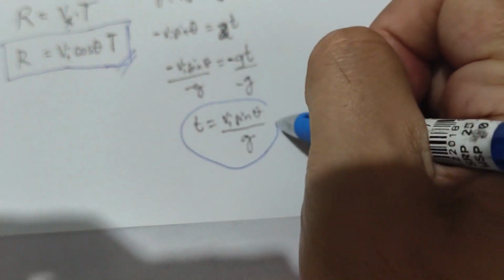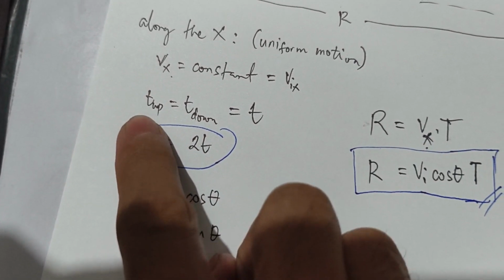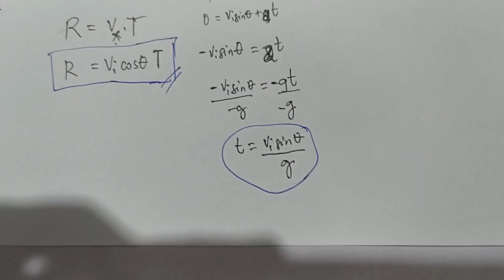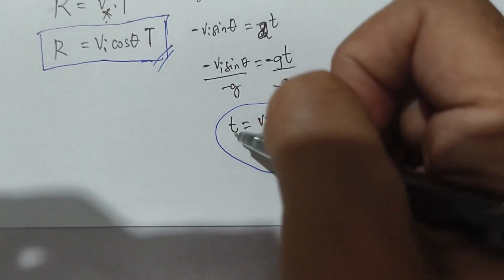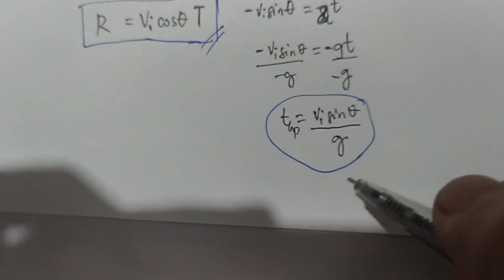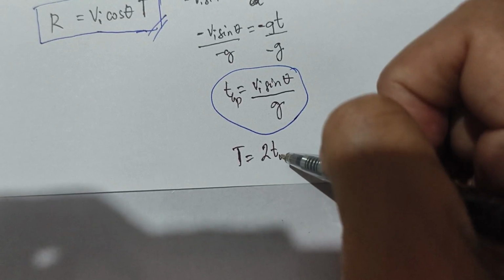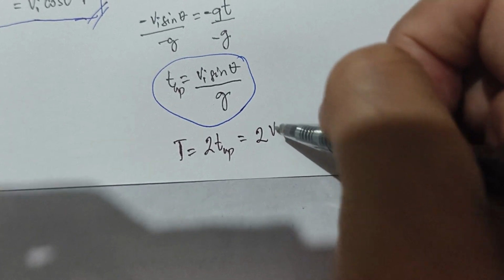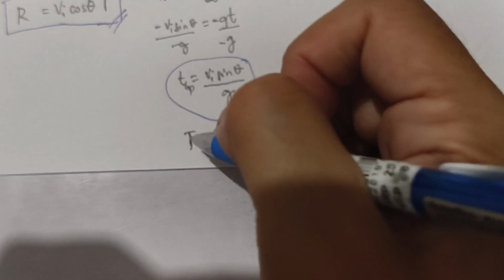Alright? So remember that the smaller t represents either t up or t down. Okay? So in this case, it's t up. For example, kung ito ay consider natin na t up, kaya lang sabi natin t up is equal to t down. So ibig sabihin, yung total time is simply twice nung t up. Okay? So ibig sabihin, twice of Vi sine theta over g, yung ating total time.